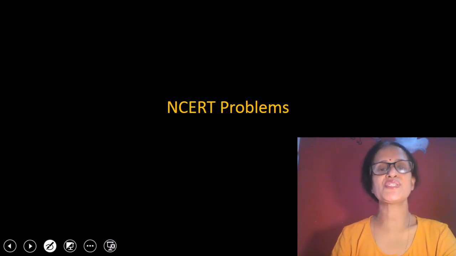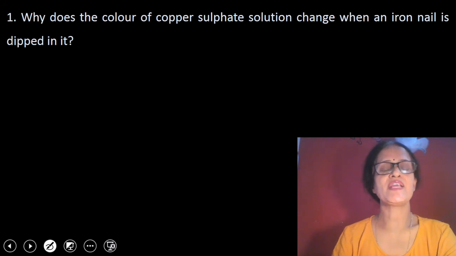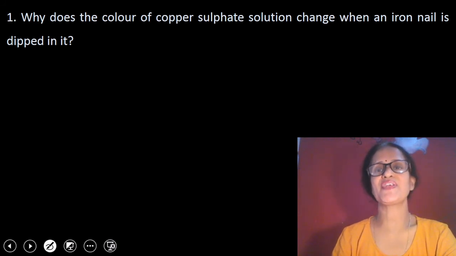Now we will discuss few NCERT problems. First question is that why does the color of copper sulfate solution change when an iron nail is dipped in it? Children, the same point we have discussed with the help of an activity. So you have seen that when an iron nail is dipped in copper sulfate solution, iron being more reactive than copper displaces copper from copper sulfate solution.